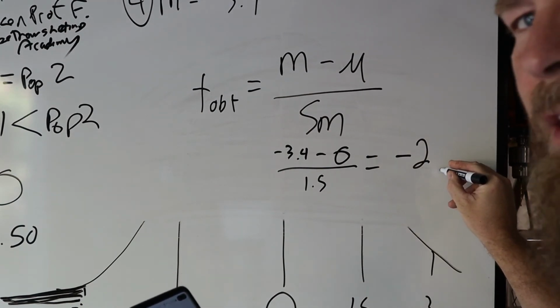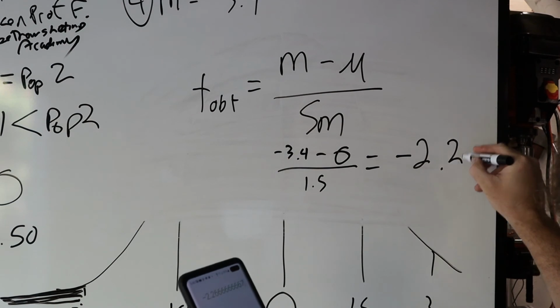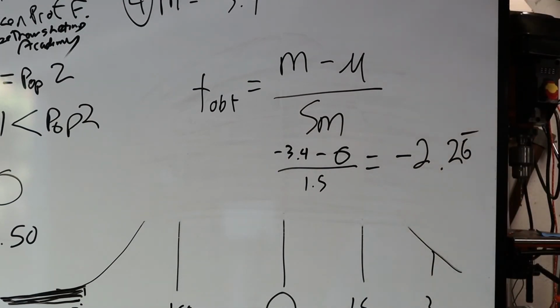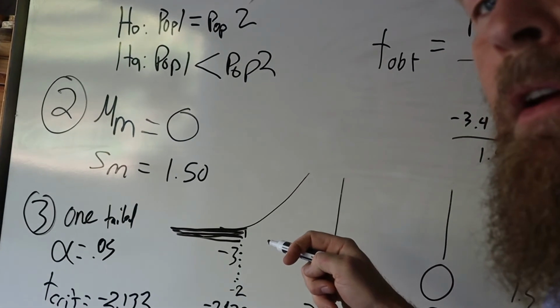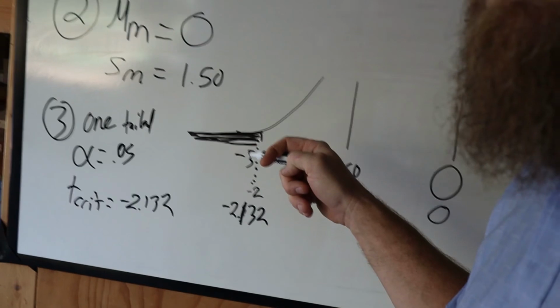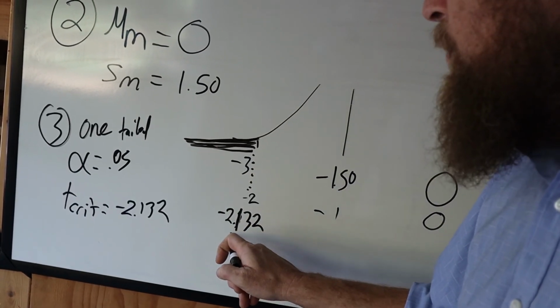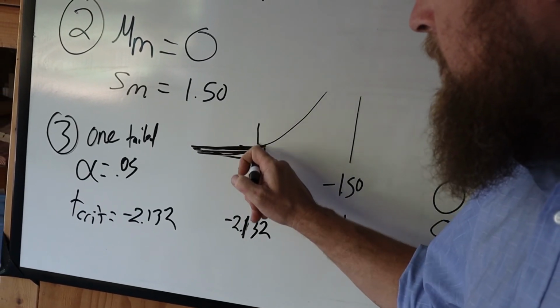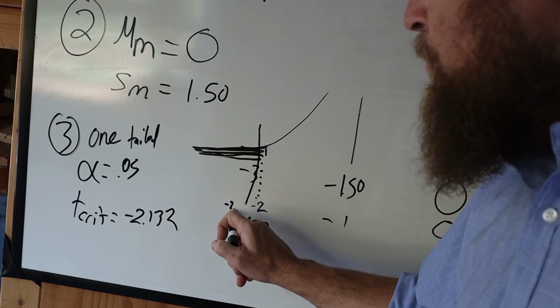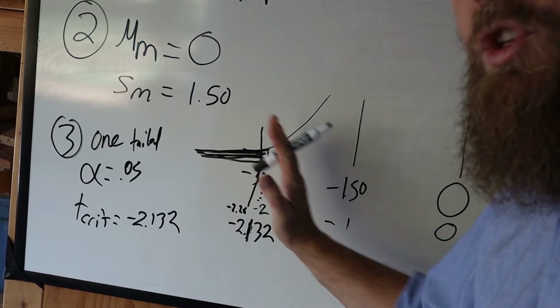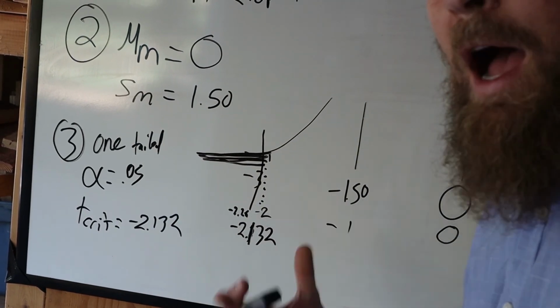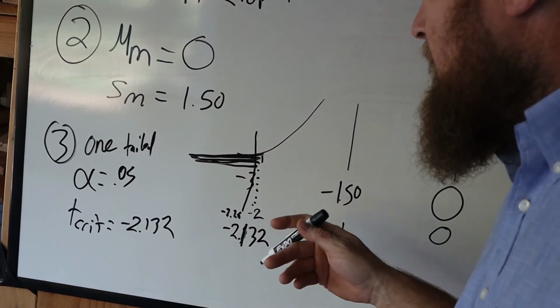This is where it gets exciting. Where does that put us here? Well, we only needed to get to a t of negative 2.13, but we got to negative 2.26. So we're just in that area. We just made it. So I can claim that Professor Frizzie's Academy worked.